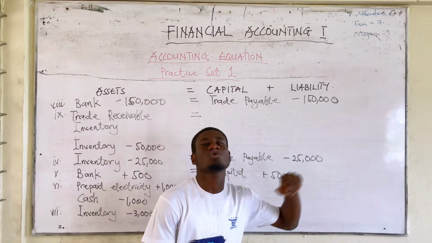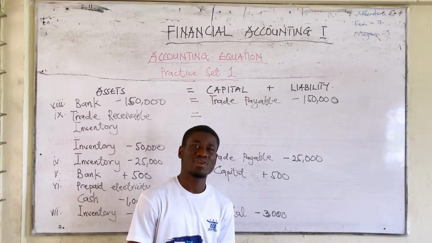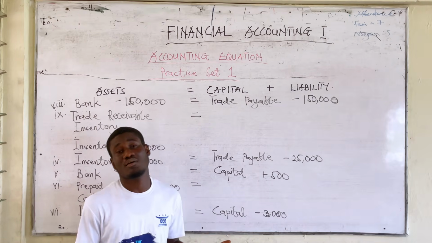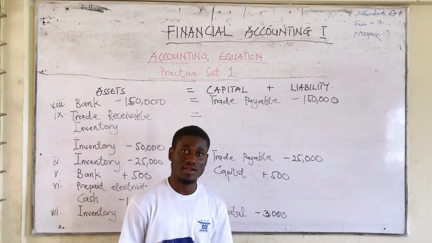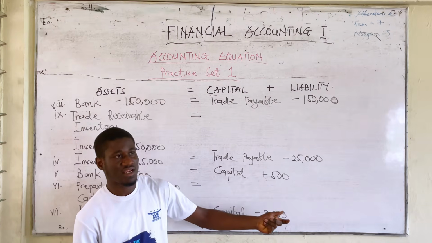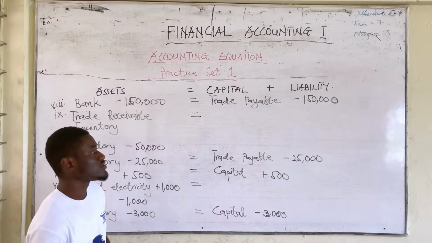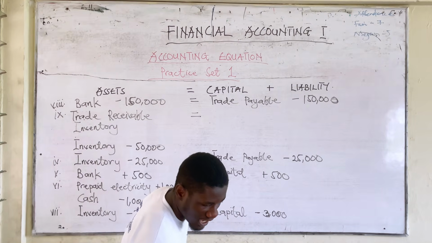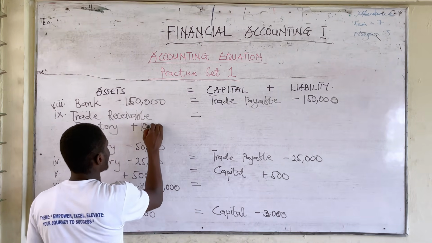Then you return those goods back to us again. Okay, so if we had, let's say, 10 units of inventory at our disposal right now, then you brought another 20 units, now we have 30 units. Our inventory has increased. So we are going to see that our inventory has increased by 10,000.